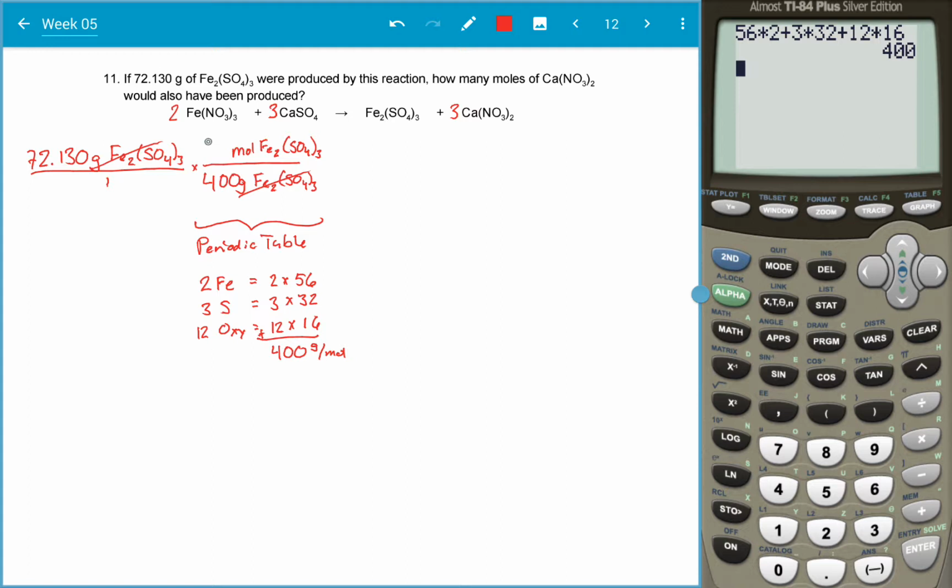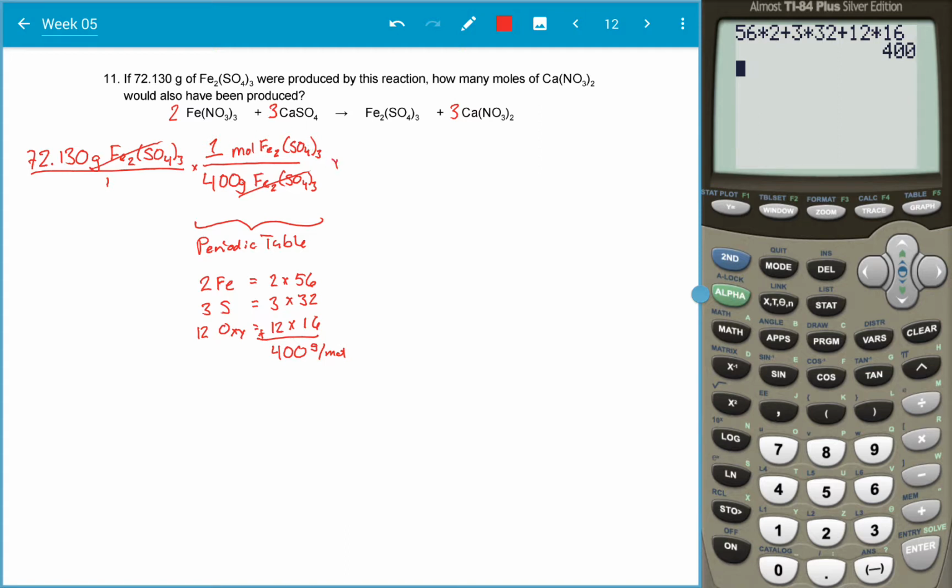And whatever we add up off the periodic table always equals 1 mole. Whether the coefficient is a 1 or a 2 or a 22, whatever we add up off the periodic table for that compound is always by definition equal to 1 mole.